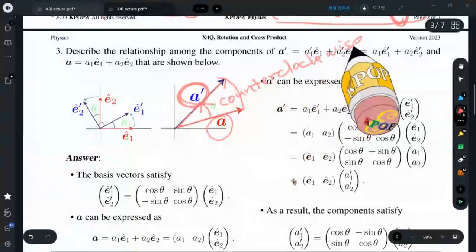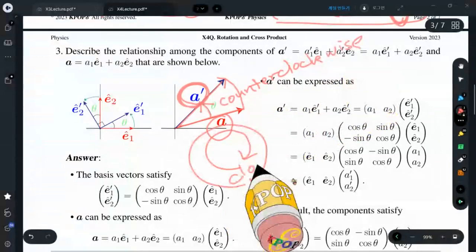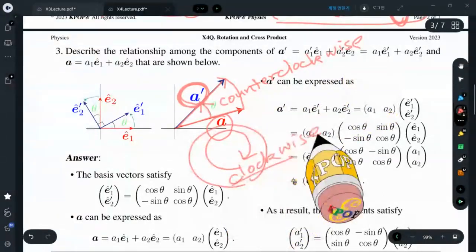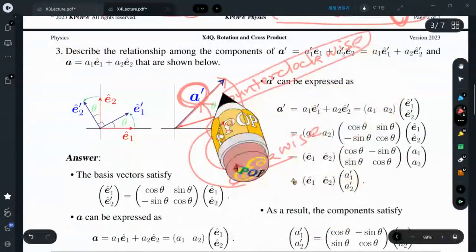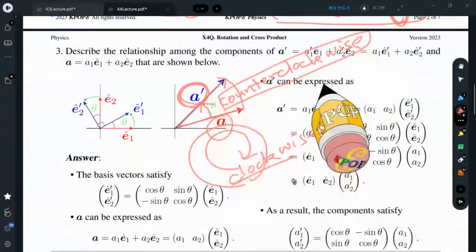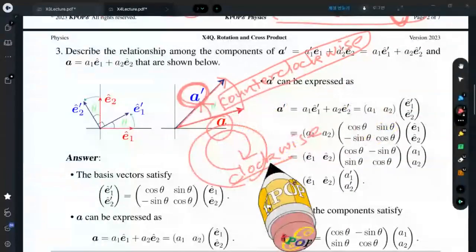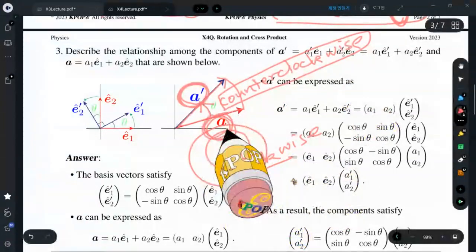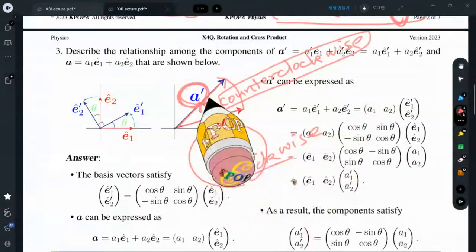Your clock is rotating in this manner, it is clockwise. But usually we represent the direction of a general rotation counterclockwise, not clockwise. So if I rotate any vector A counterclockwise, what happens? That is my question.